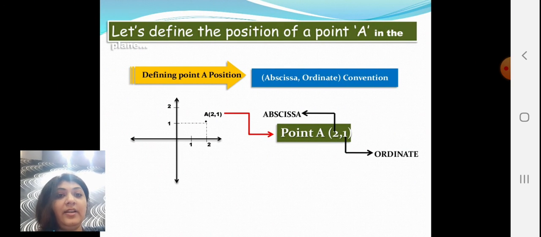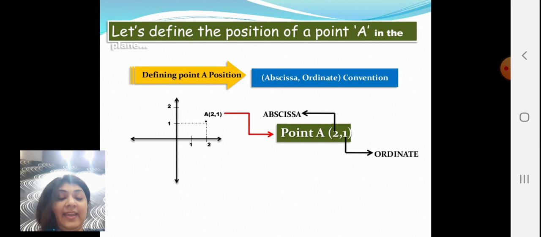Now here let's define the position of point A in the plane. You can see that for point A, abscissa is 2 and ordinate is 1, because on the x-axis it is lying on 2, on the y-axis it is lying on 1.